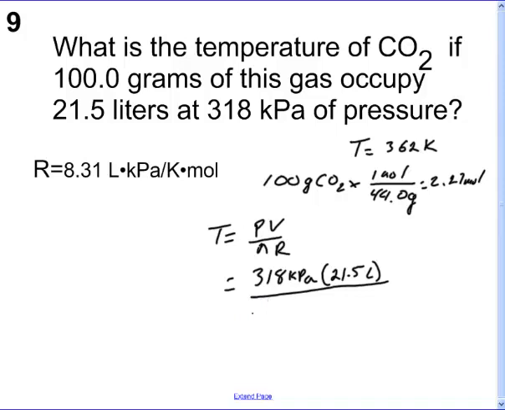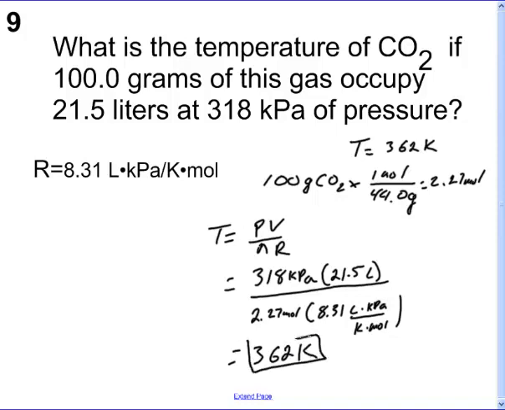Okay, so I'll put that here, 2.27 moles. And then times my gas constant, which is 8.31 liter·kPa over K·mole. All right, so work that out, and hopefully you get 362 K.